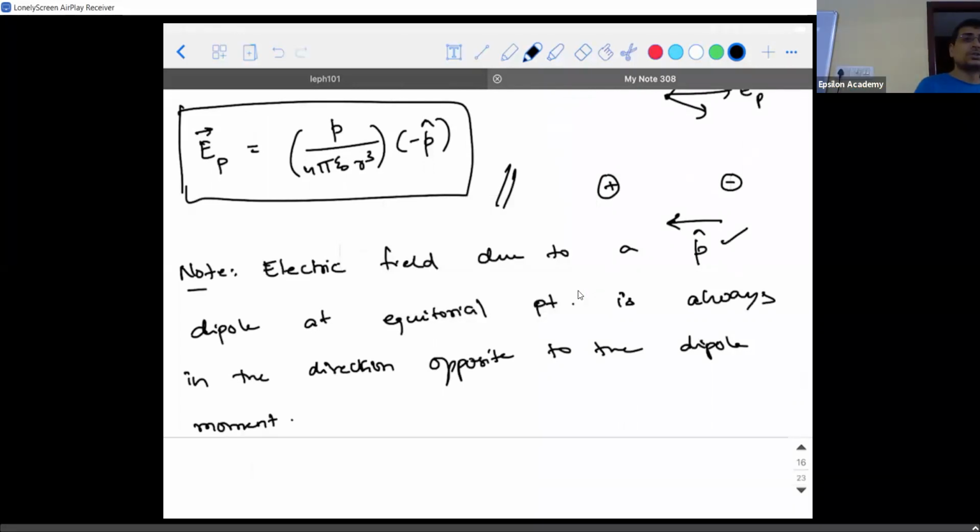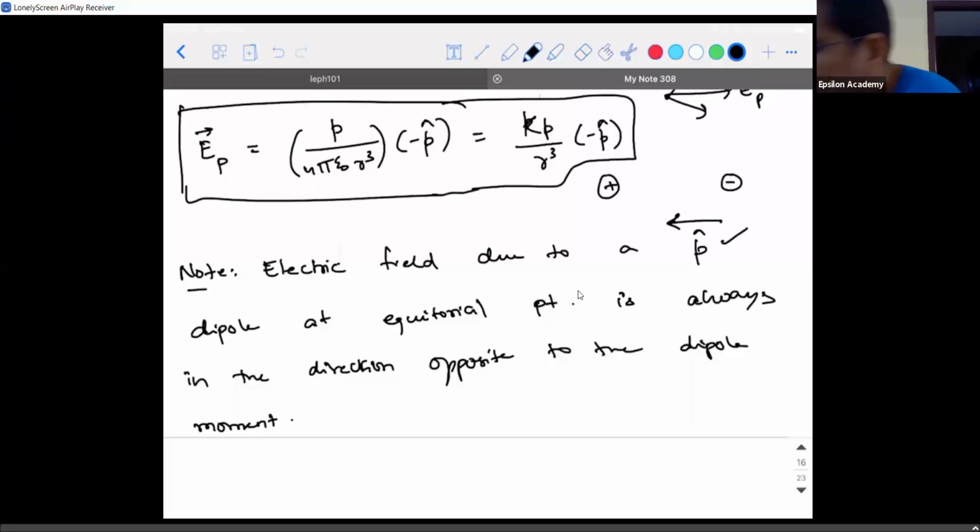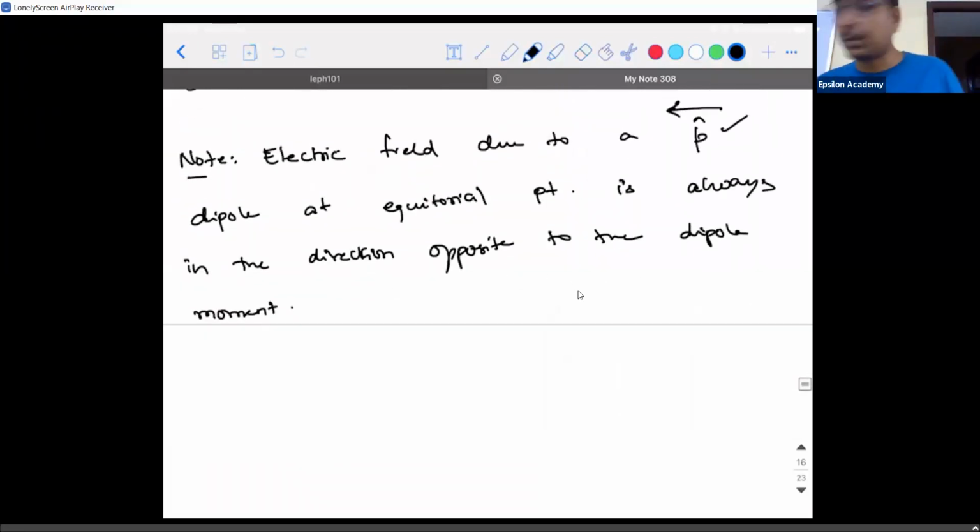The other way to write this is Kp divided by r cube in the direction of minus P cap. This is the electric field due to a dipole at equatorial point.